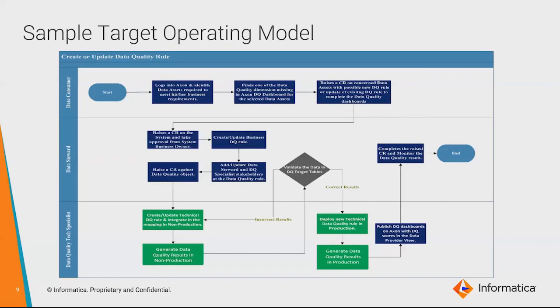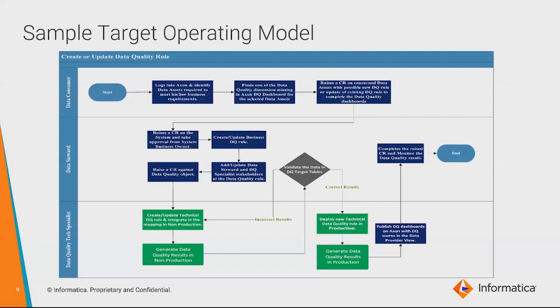Once all the changes are done, and the DQ result populated in non-production has been validated successfully by the data steward, the DQ specialist will go ahead and deploy the changes in production, and then generate the DQ result in production, which will result in publishing those DQ scores into Axon also.